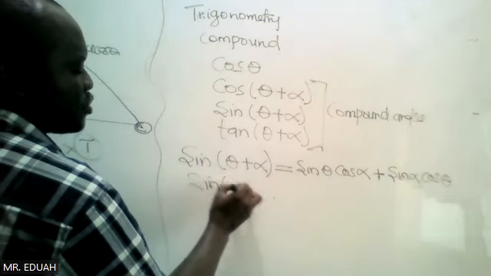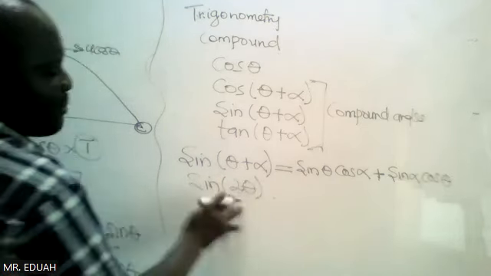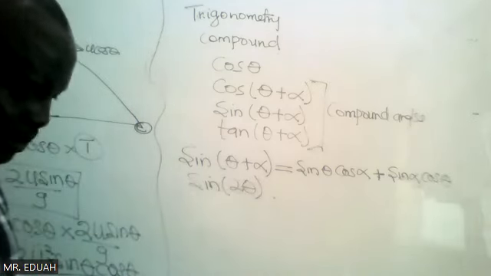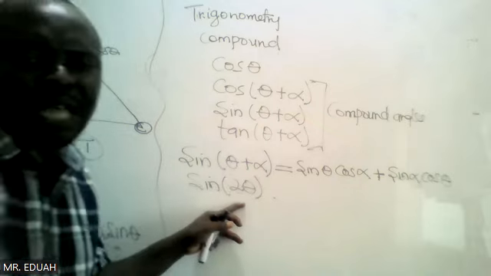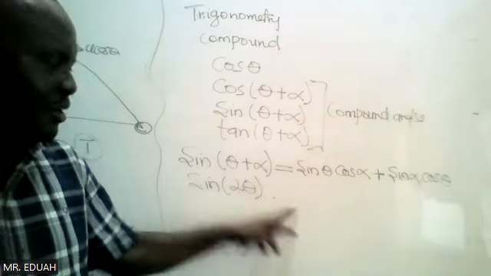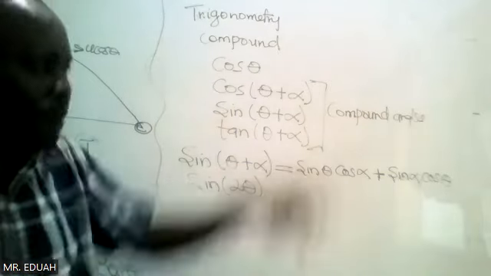So this is equal to sine 2 theta. We term this a double angle, whereas this is compound. This is 2 times the same thing, so it's double, hence double angle. These are different angles, so compound angle.